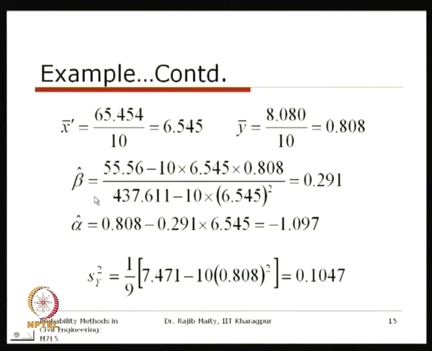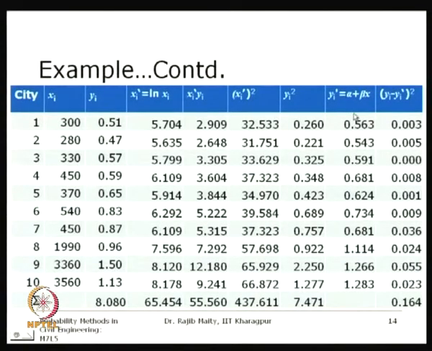As you refer to this expression of the least square estimates, we can get the estimate of beta hat as 0.291, and alpha hat will be minus 1.097, and the variance of this y, which is unconditional, is 0.1047.